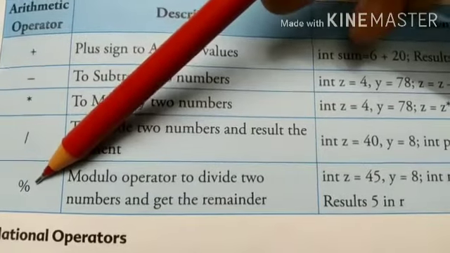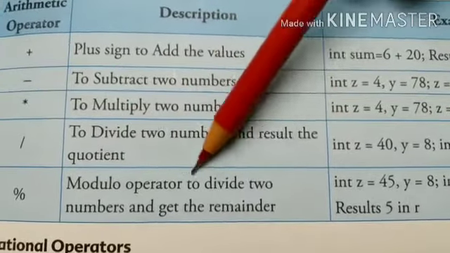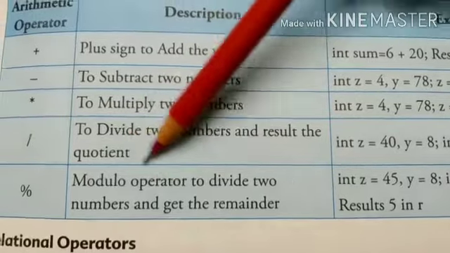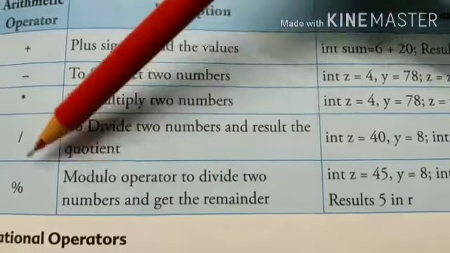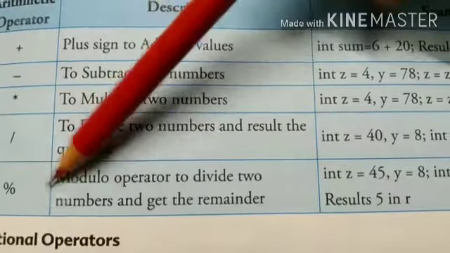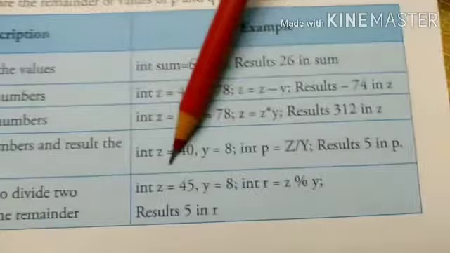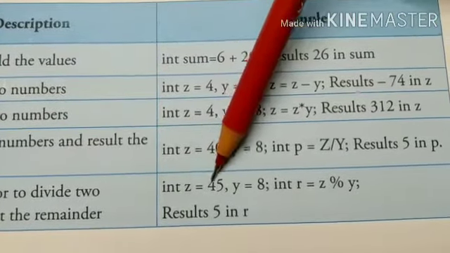Then the percentage symbol, you can see this is the modulo operator. The modulo operator is used to divide two numbers when we want the remainder. From the example, I think you can understand. Here it is int z is equal to 45.